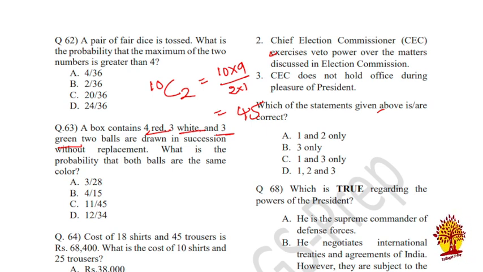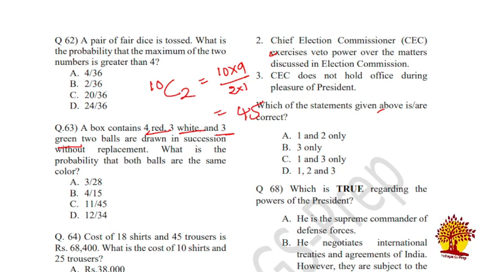Then, if you consider the 4 red balls, and both balls should be red in color, what will you get?